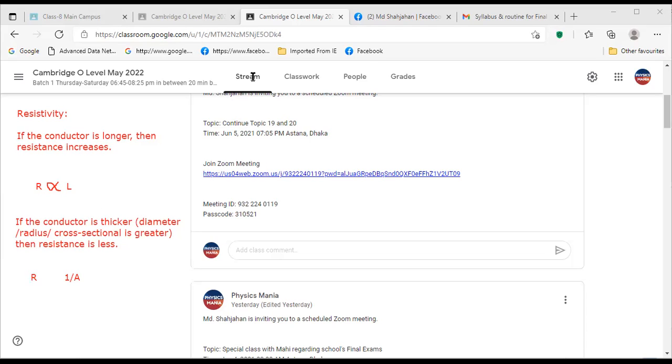I am giving the proportional symbol as well. So do you have any questions? Anyone? No, sir.